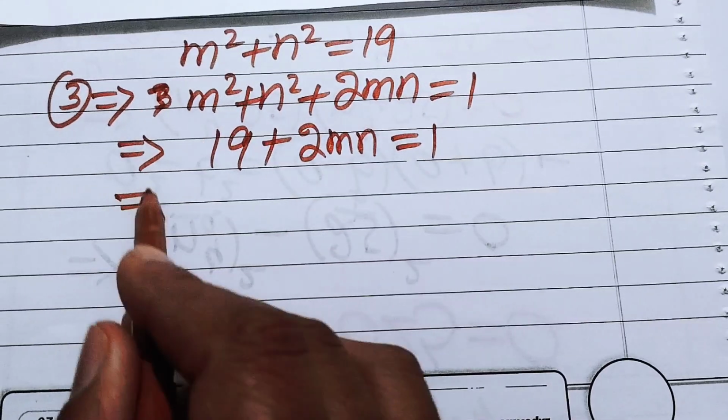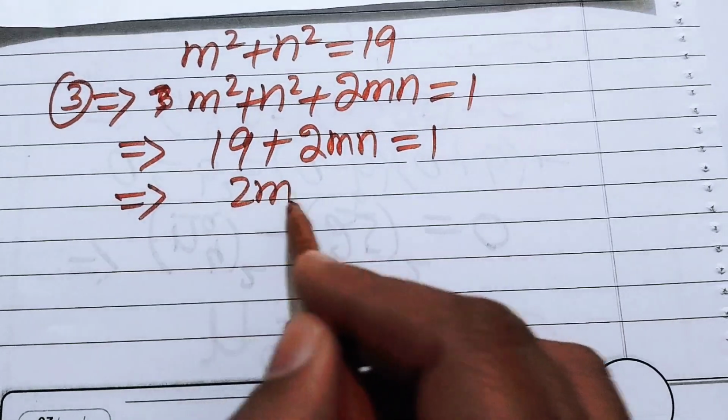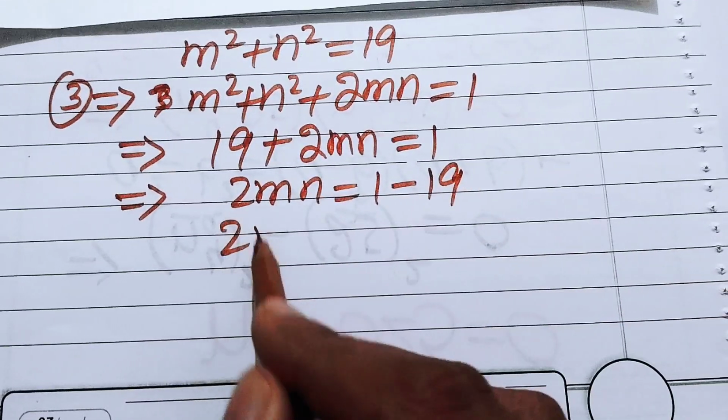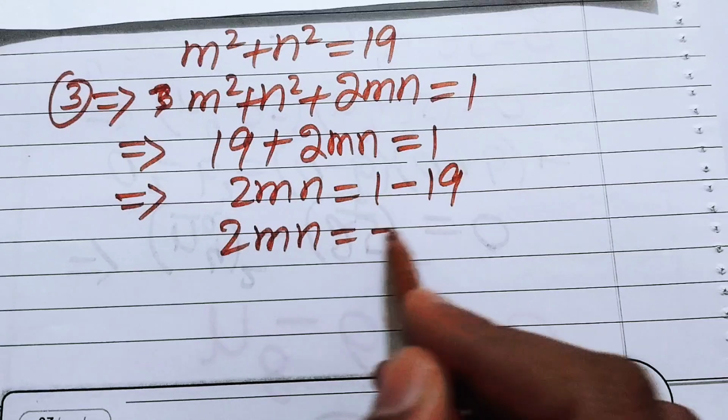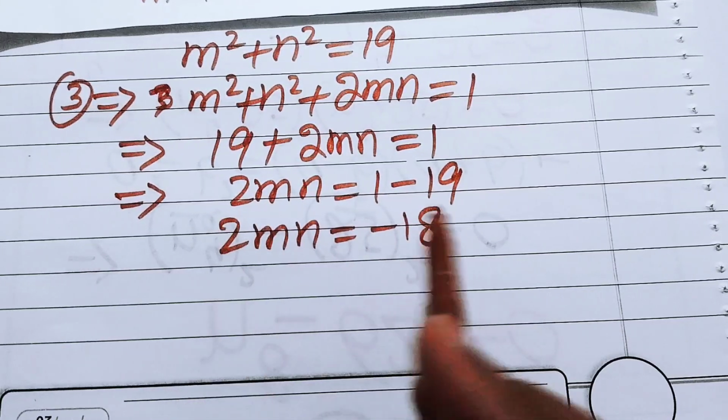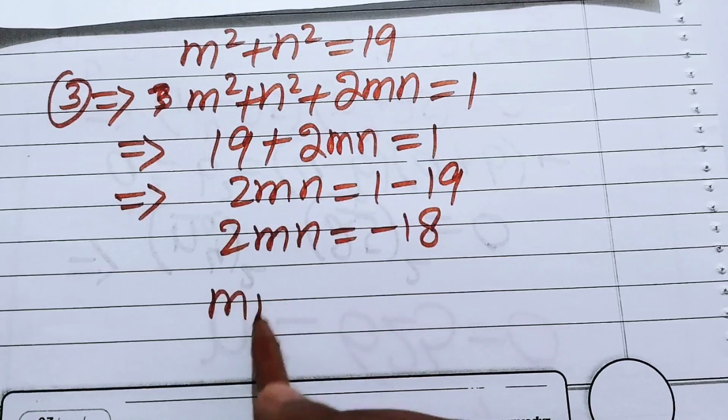Here we move this 19 to the right hand side, and you get 1 minus 19. So we have 2 times of m n equals to minus 18.